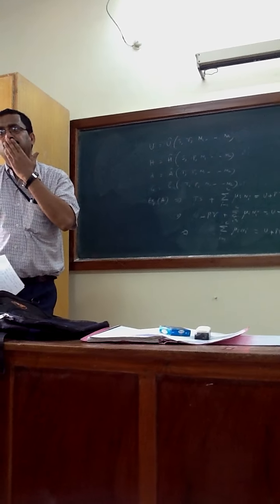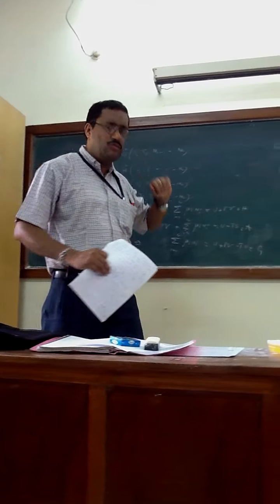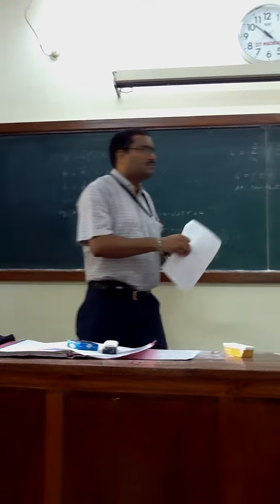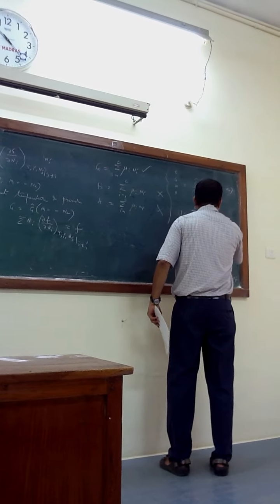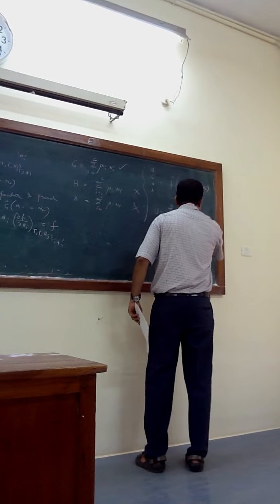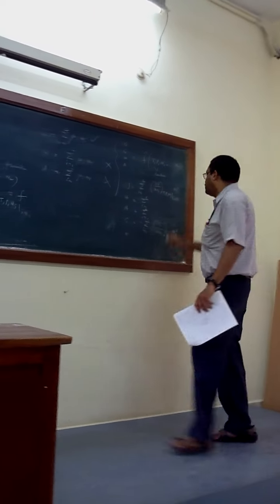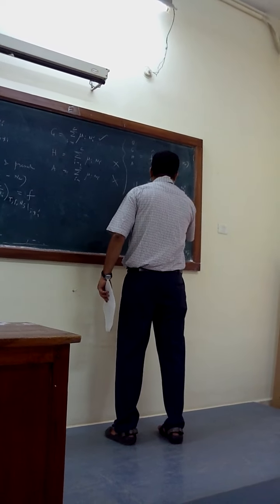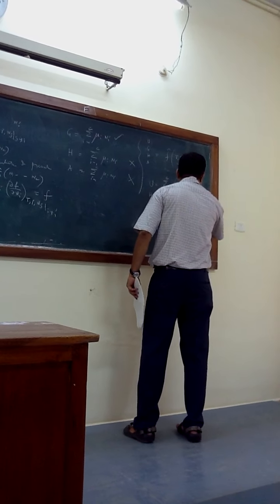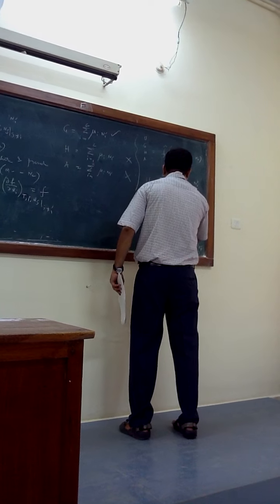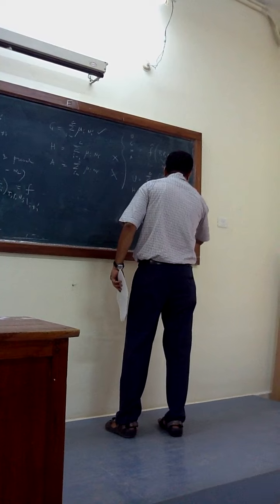So for U, that should be ∂U/∂N_i at constant T, P, N_j not equal to i, times N_i. Exactly, thank you very much, very good. So it is ∂H/∂N_i at constant T, P, N_j, j not equal to i, times N_i. And this is ∂A/∂N_i at constant T, P, N_j, j not equal to i.